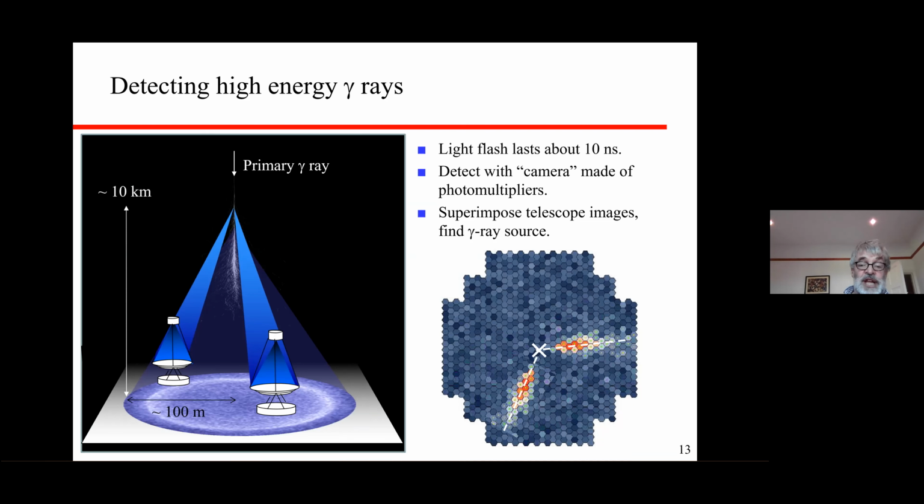Then I've superimposed the image from the second telescope, and you can see that they point back to a place which is indicative of the origin of the incoming gamma ray. And if we tot up the total amount of Cherenkov light measured in these two regions of the image, then we can deduce the energy of the incoming gamma ray.